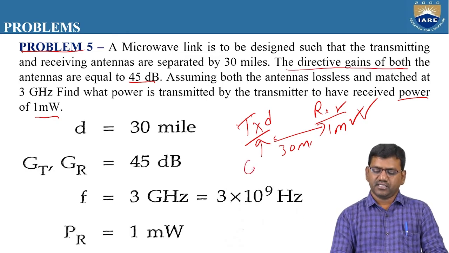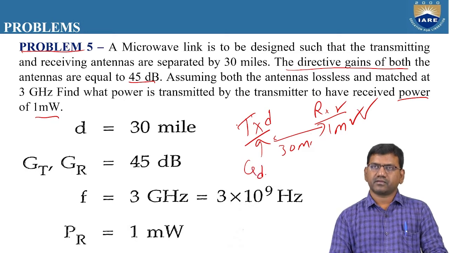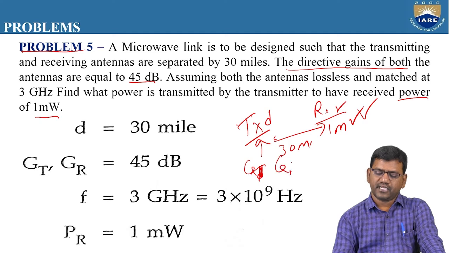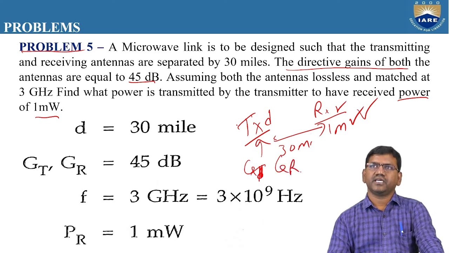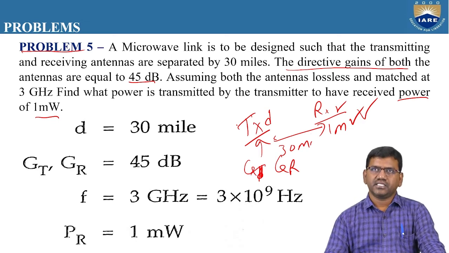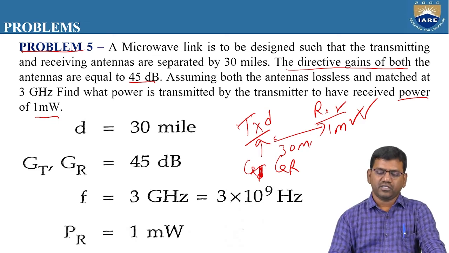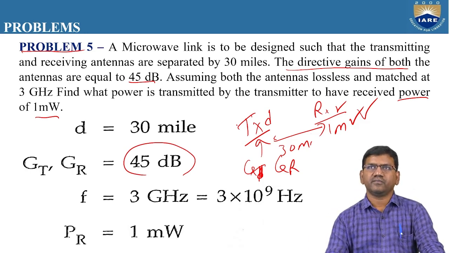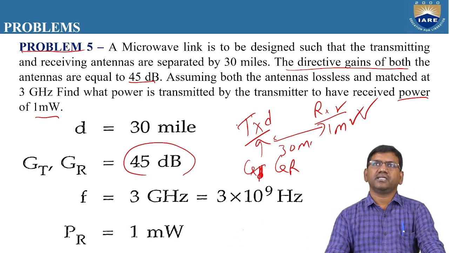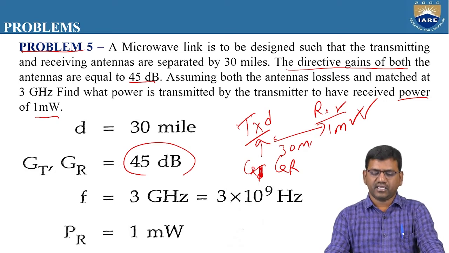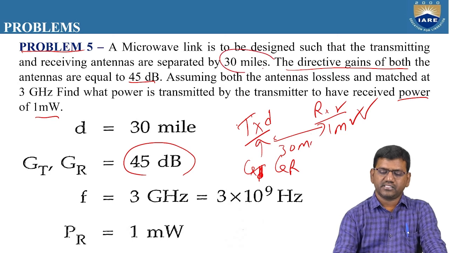That means the transmitting antenna gain and the receiving antenna gain are the same. The value of both gains is given as 45 dB, and the distance between the transmitting antenna and the receiving antenna is given as 30 miles.